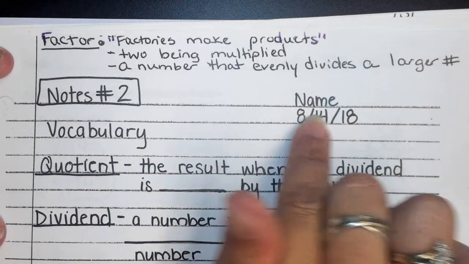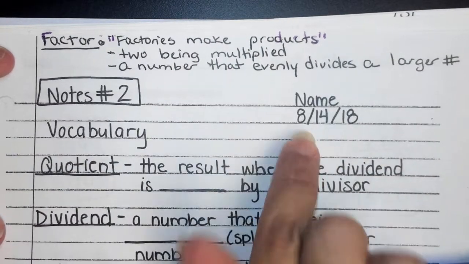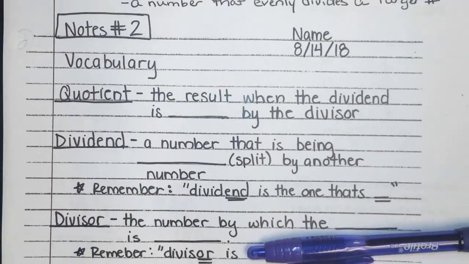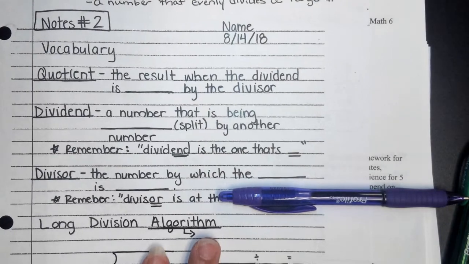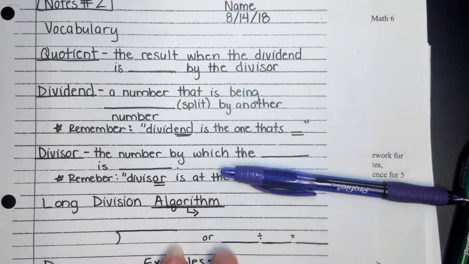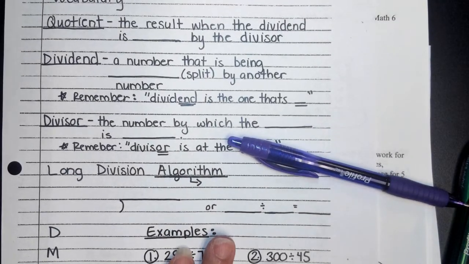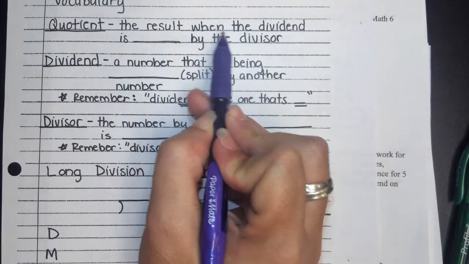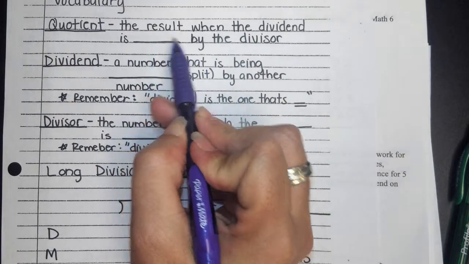So today's notes, there's a date. Here we go. Moving on down. We've got a few more vocabulary words because we are starting with division. The first thing is quotient. It says the result when the dividend is divided by the divisor.